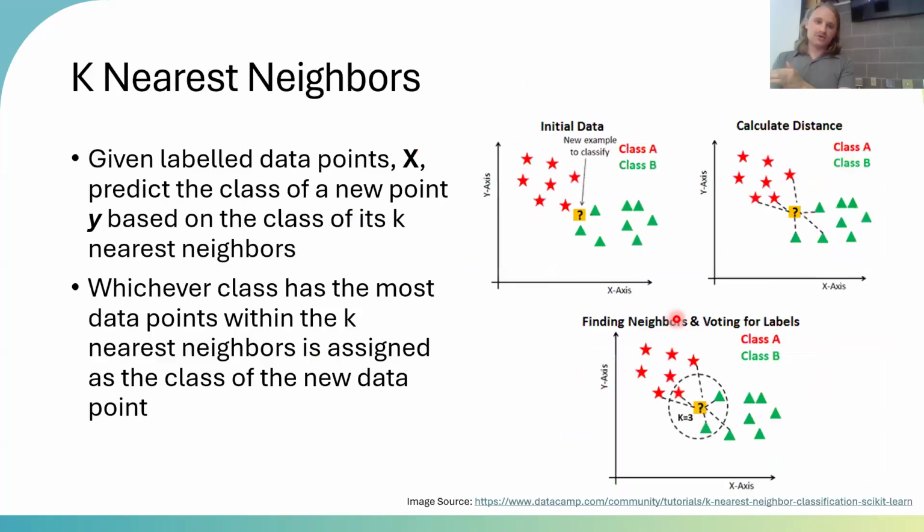For K nearest neighbor, there's a more direct interpretation of what changing K does. Let's take the extreme case where K is equal to 1. All you care about is which single point is closest to you in your data set.